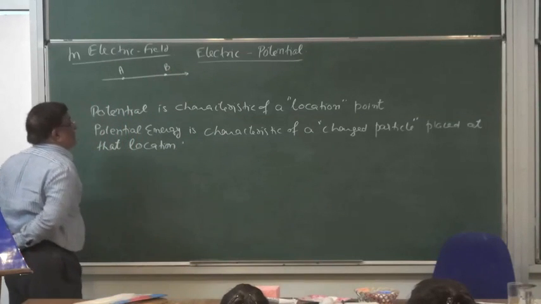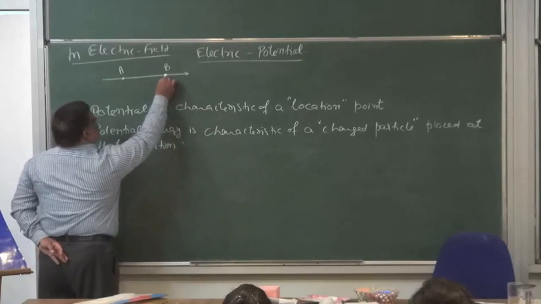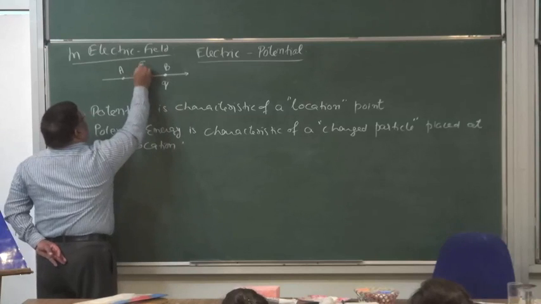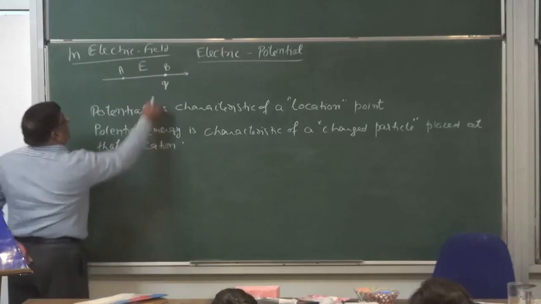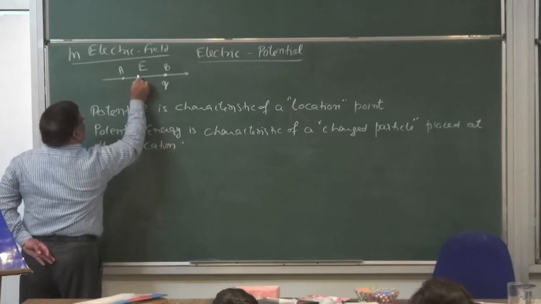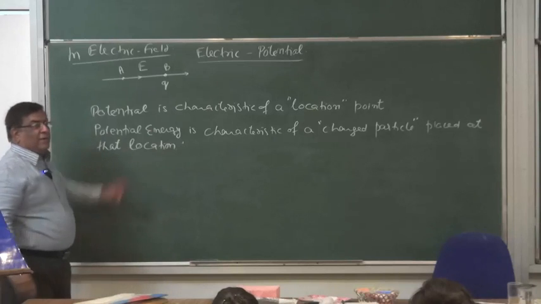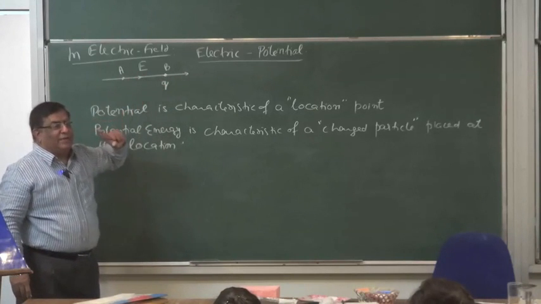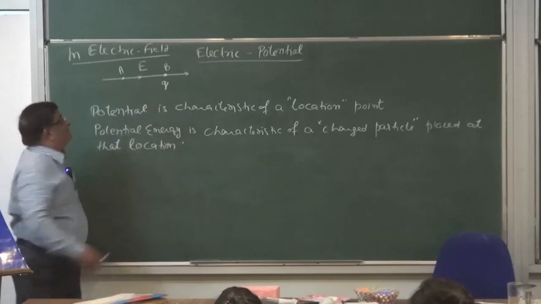Similarly, if I have a charged particle here, it has a certain charge Q, and the strength of the electric field here is E. This Q I want to bring from B to A. I want to bring the charge Q from location B to A, but I find that it is experiencing a force.